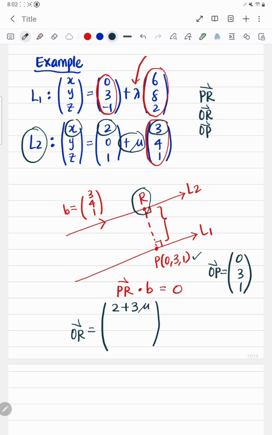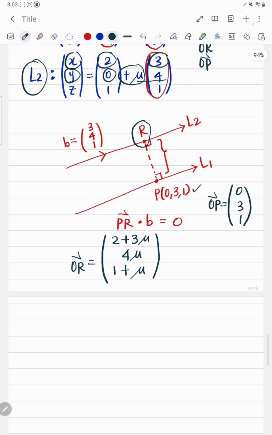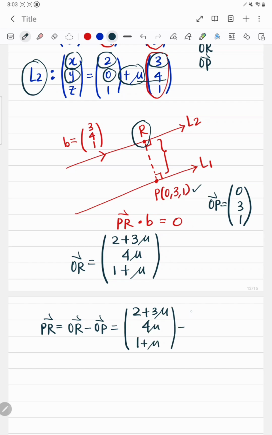The general y coordinate is 4 mu. And the z coordinate is 1 plus mu. So this is OR. We want to find PR, which is OR minus OP. OR is (2 plus 3 mu, 4 mu, 1 plus mu), minus (0, 3, -1).